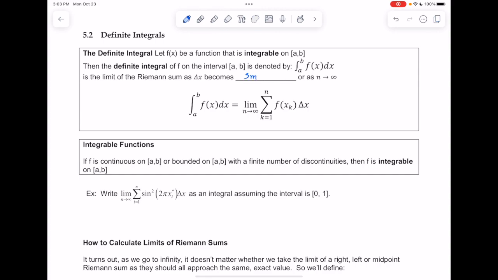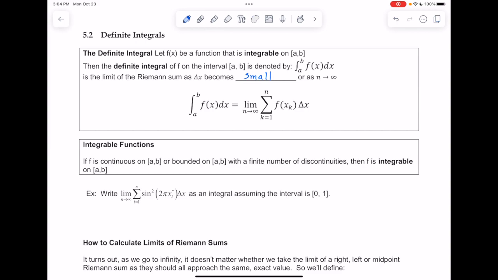And what makes delta x become small is the number of rectangles goes to infinity, or as n goes to infinity. So the definite integral from a to b of f of x dx is equal to the limit as n goes to infinity of the sum as k goes from 1 to n of the function evaluated at x sub k times delta x.